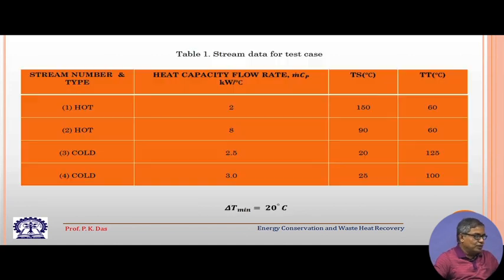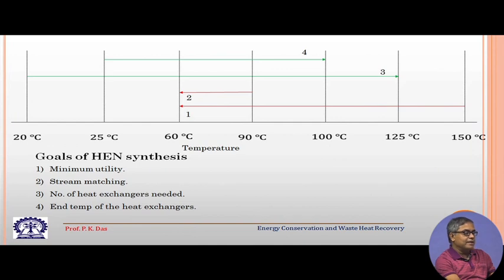If we go back to the problem page, it is delta T min, that is, pinch temperature 20 degrees Celsius. That means, anywhere in the network, the difference of temperature between two streams should not be below 20 degrees Celsius. So, this is a design decision.